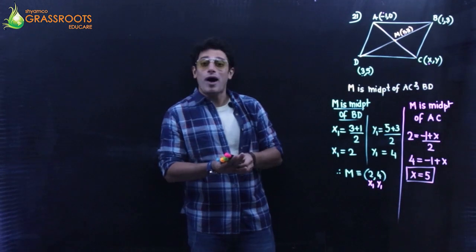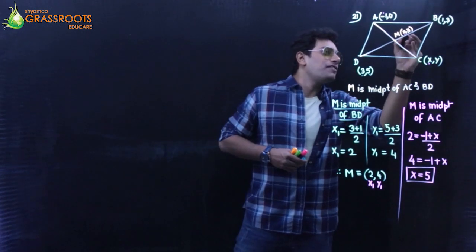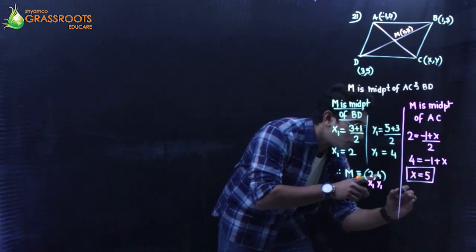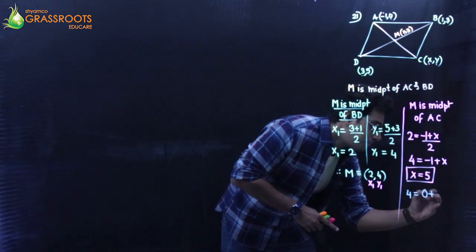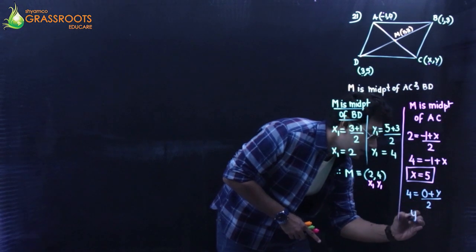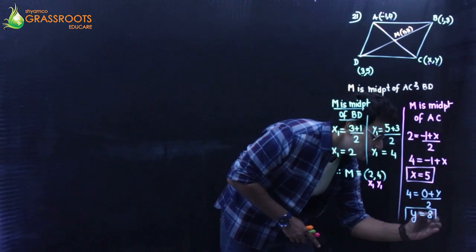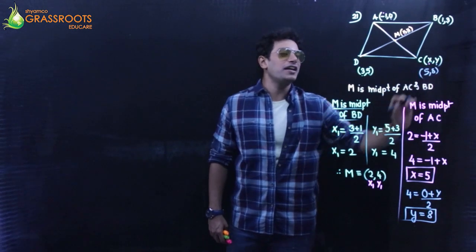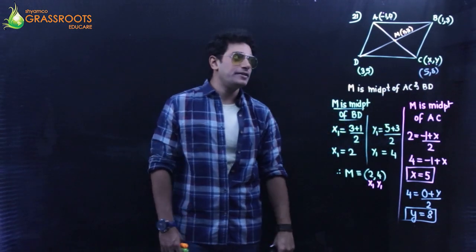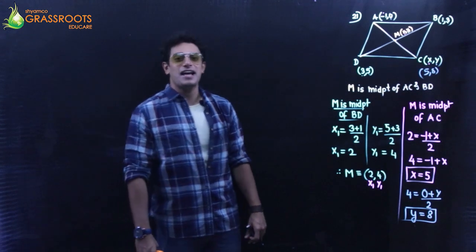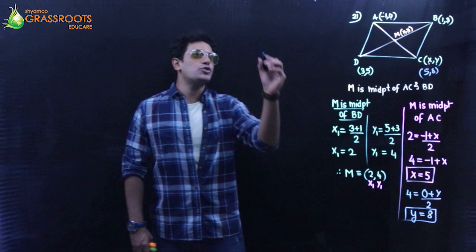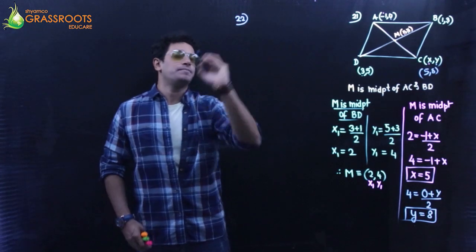And talking about the y coordinate, y1 is equal to 0 plus y upon 2. This is your y1. Cross multiply. You get y as 8. So the coordinates of C are 5, 8. That's it. So we use the concept of diagonals bisecting in a parallelogram. Right. Let's go on with the 22nd question.